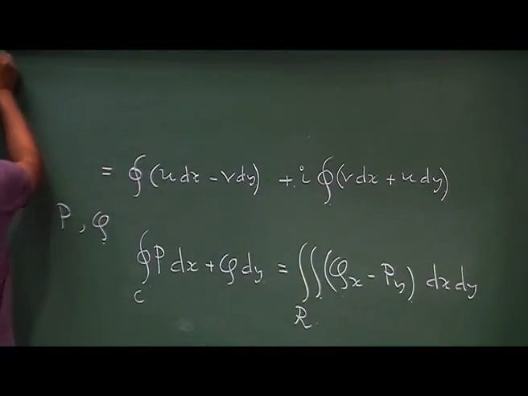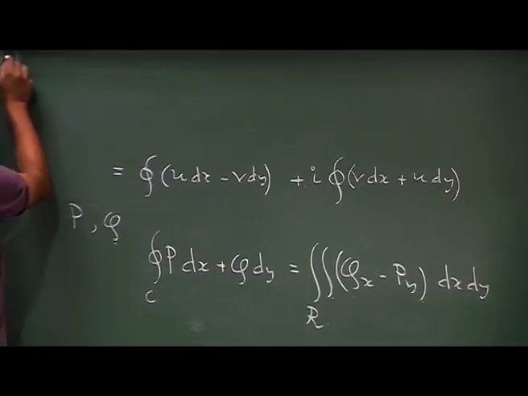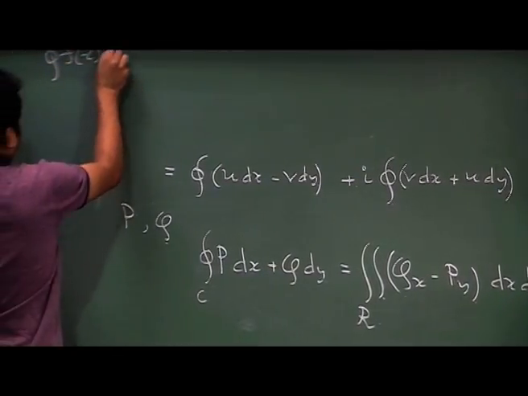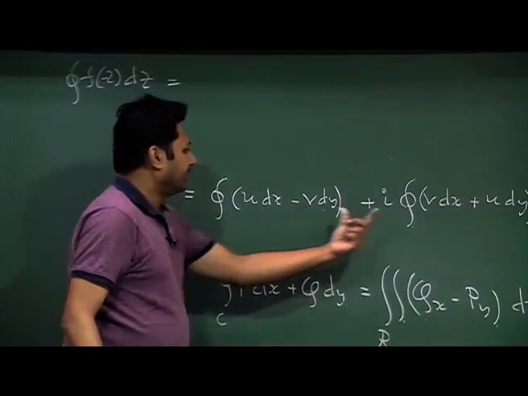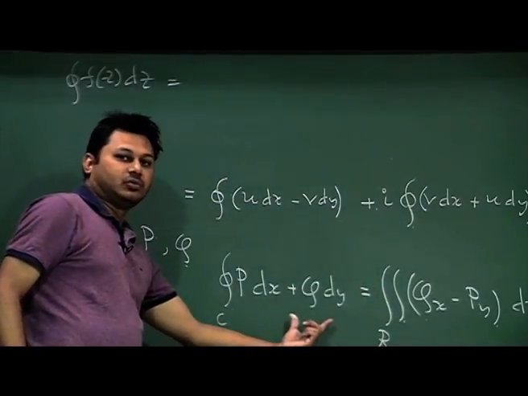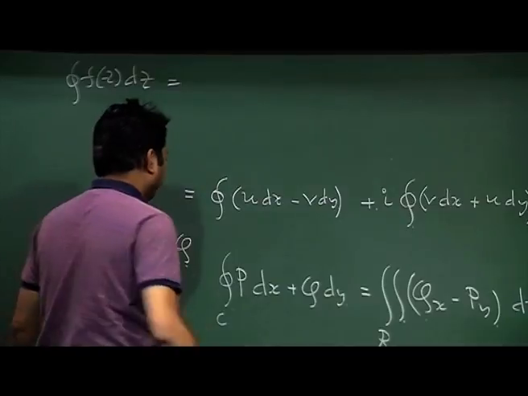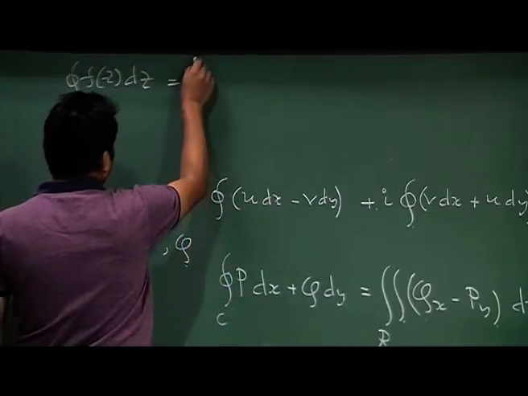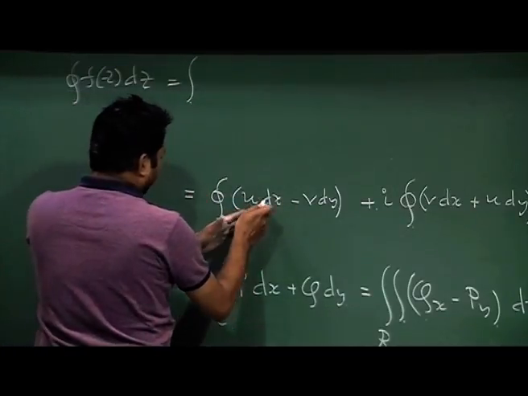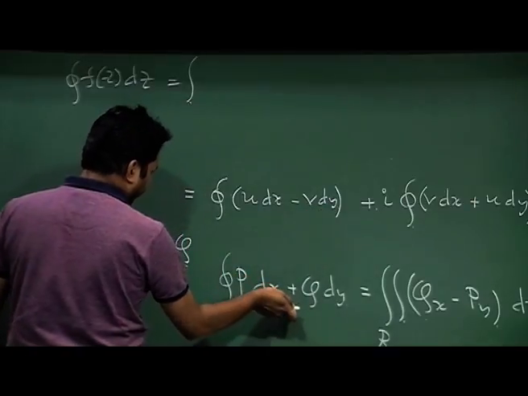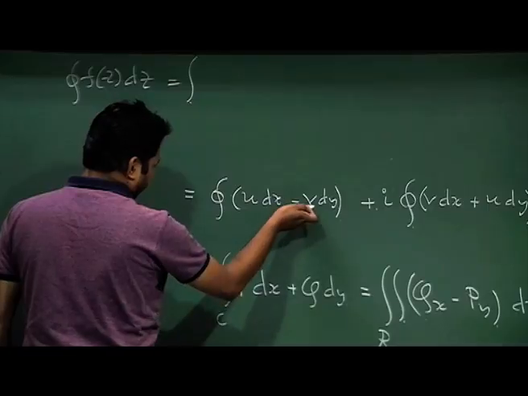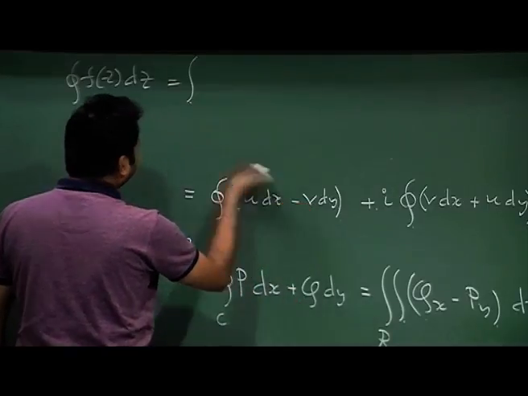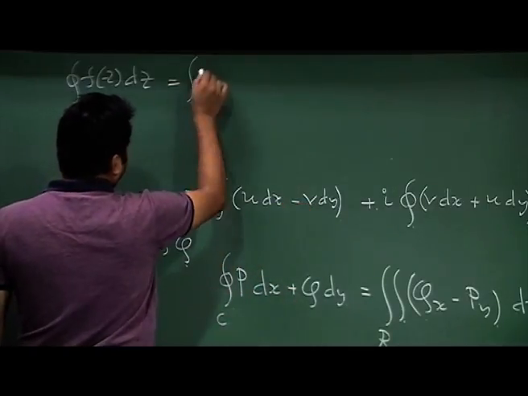So this quantity, and this quantity I replace through this theorem. So here I should write it u dx minus v dy. So that means here u is p and v is q, minus v is q rather. So that means I should write it here.